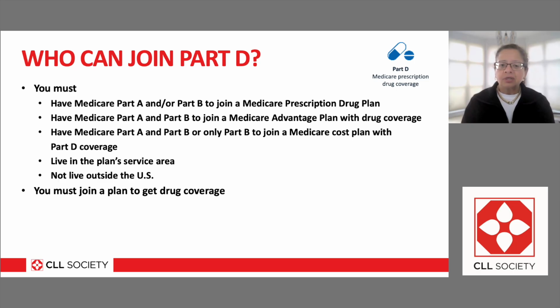And of course, you have to have it to get any drug coverage at all. And as I have learned working with CLL Society, a number of our treatments are in fact covered under Part D. So it is important coverage for this community.